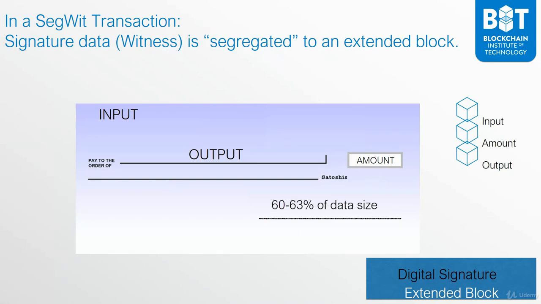This frees up approximately, it's estimated, between 60 to 63% of the data of the actual transaction. It's consumed by the signature data. Additionally, a key thing that SegWit does is that it includes the input and the amount, that is the transaction information, as part of the digital signature.